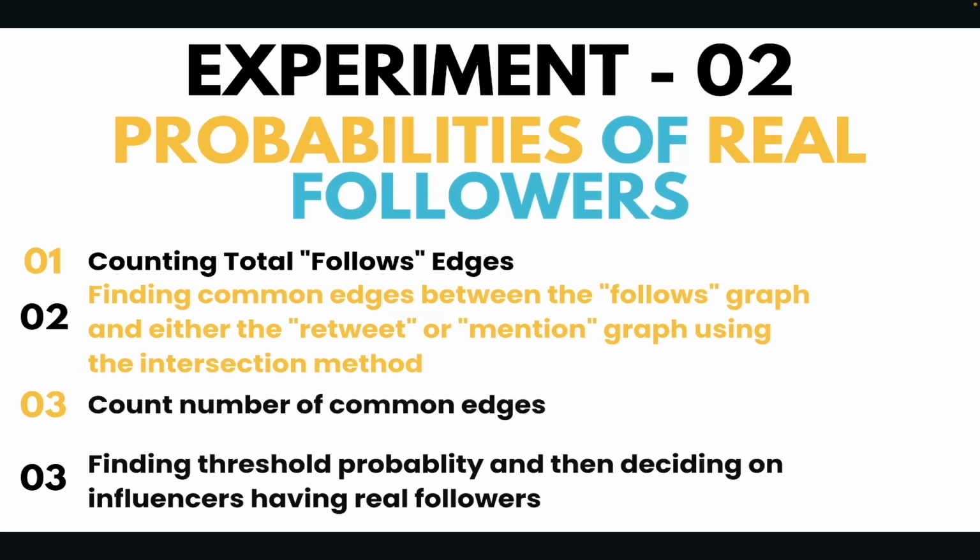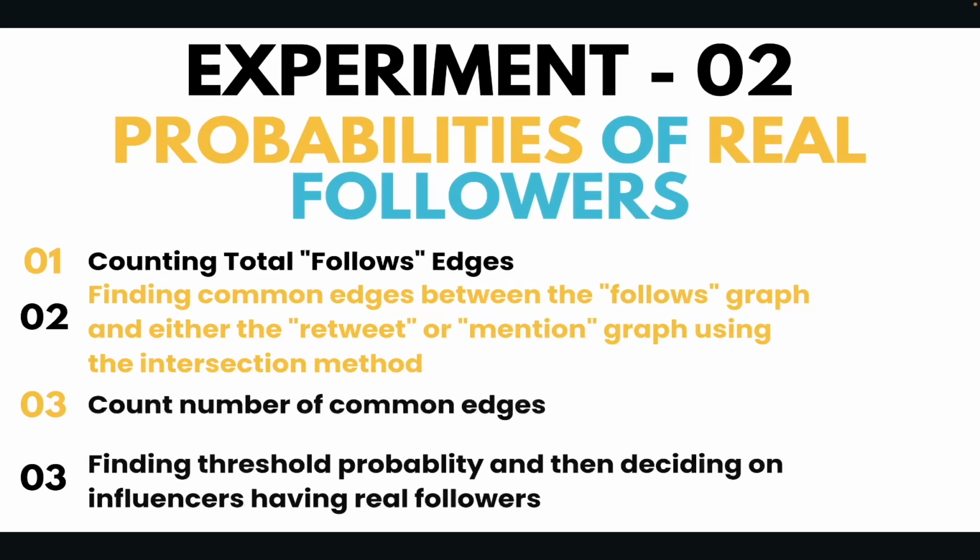Here, we all know that in this social era, most people are being fake influencers who are gathering followers using money. So I used a simple concept: if a person A follows another person B, he is likely to mention person B somewhere or retweet his post if he is interested in that person.